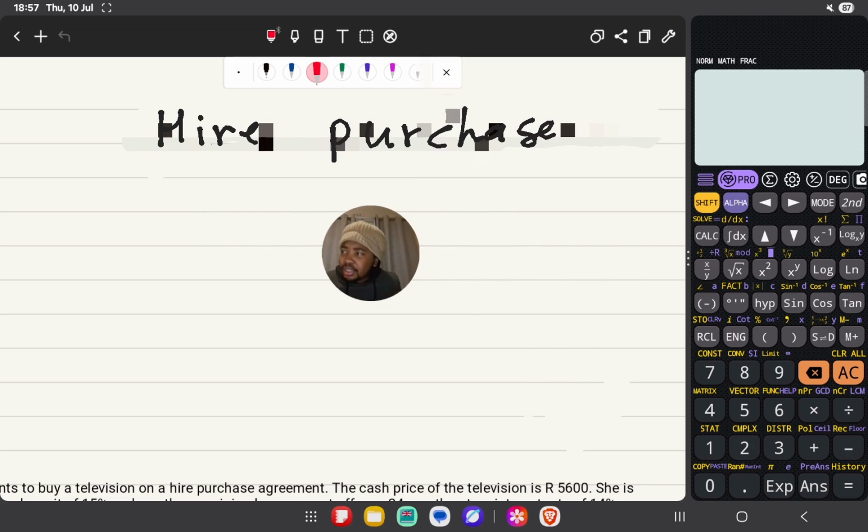Hire purchase is like, for example, you want to buy something, but you don't have the exact amount. You don't have the money to buy it. Maybe you have half the money or a quarter of that money. Let's talk numbers. You want to buy a phone.